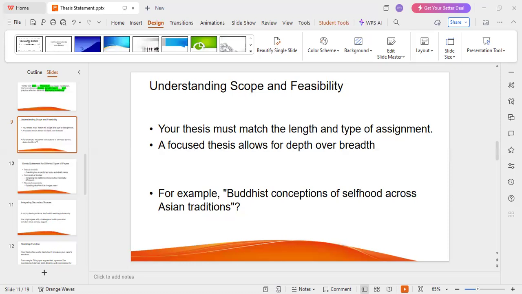So here you have one example. Buddhist conceptions of selfhood across Asian traditions. Is this too broad or too narrow? What is problematic or what is good about this thesis statement?